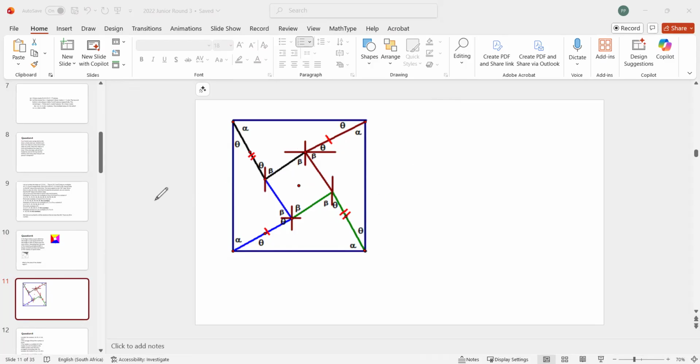I wonder if I can rotate. Sorry, I'm just trying to see whether I can rotate this thing. No, I can't do it.